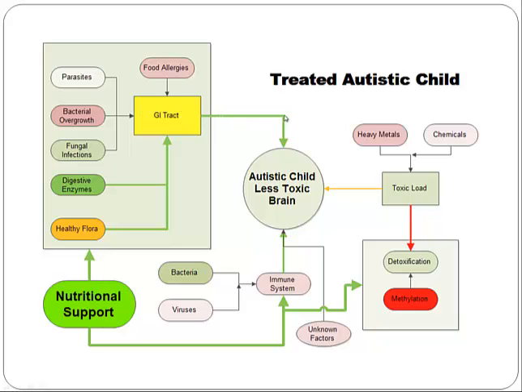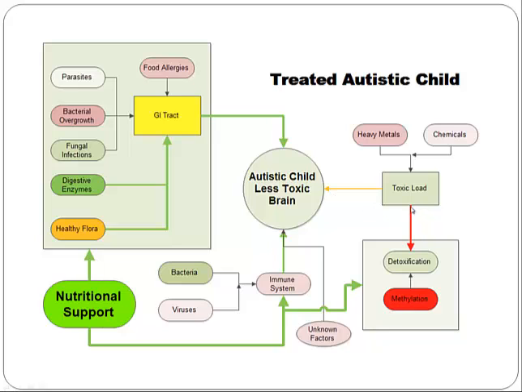And while this arrow here is portrayed as green, it might be yellow, but there's less toxin load coming to this child. We go over here and look at the toxic load coming from heavy metals. We've reduced the heavy metals. We've improved detoxification, and we've improved methylation by going around it. And so we've reduced the load. Now our arrow is no longer red, it's now yellow.